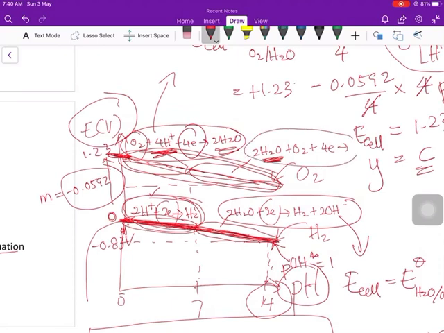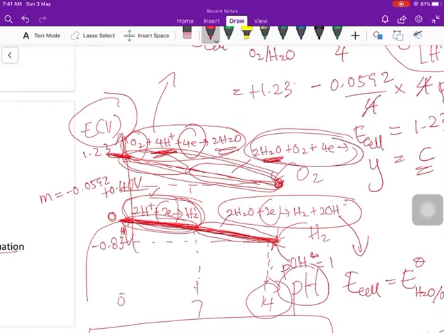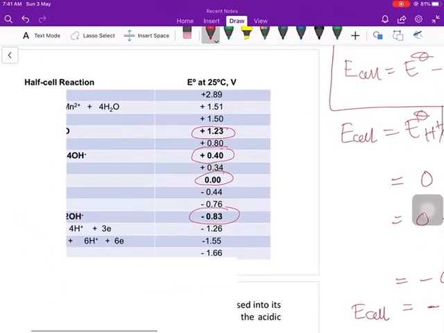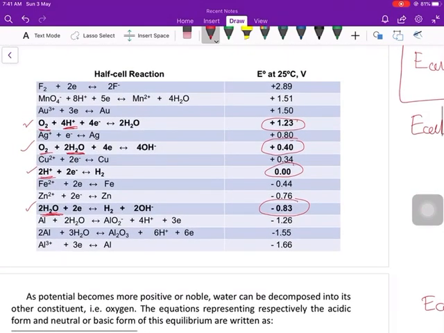And they will end up at 14, similar to this value, which is positive 0.40 volt, similar to this value in the table. Both slope are the same.